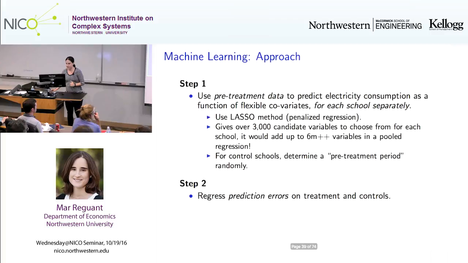So the second step is the same as the Diff-in-Diff, but the only difference is that we are changing our Y variable, our dependent variable. Instead of looking at electricity consumption, now we look at differences in electricity consumption between what the school did and what we managed to predict. And in that regression, we'll still have the prediction before and after for treated schools and non-treated schools.